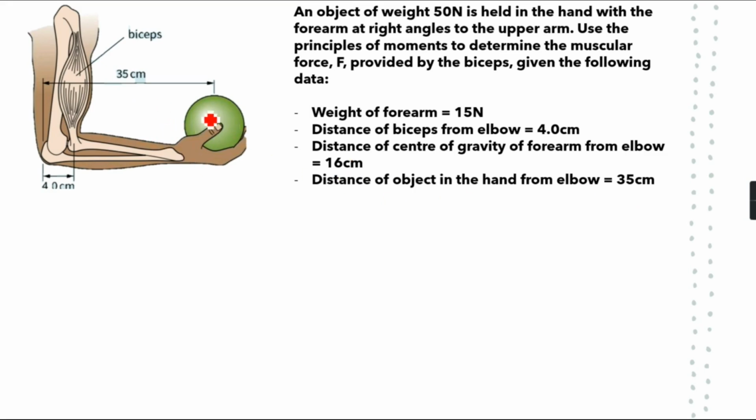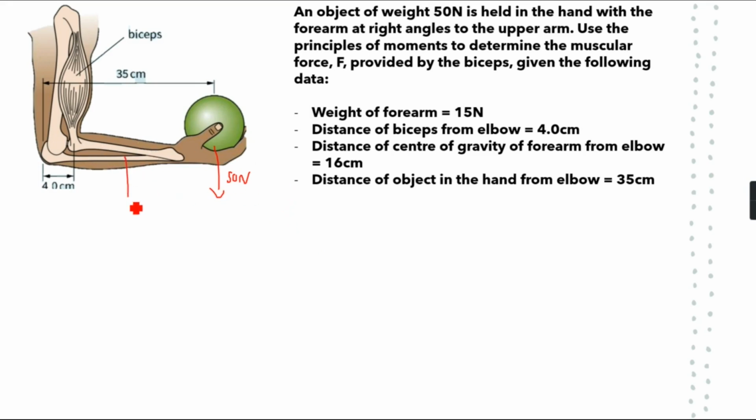And we're told that we're using the principle of moments, so we know that the force is balanced. That means the sum of clockwise moments is going to be equal to the sum of the anti-clockwise moments. Let's go ahead and fill in some of the data. So we've got an object with a weight of 50 newtons, this apple looking object, or maybe it's just a ball. We're told the weight of the forearm is 15 newtons.